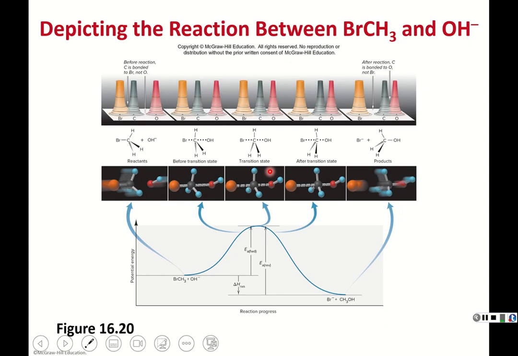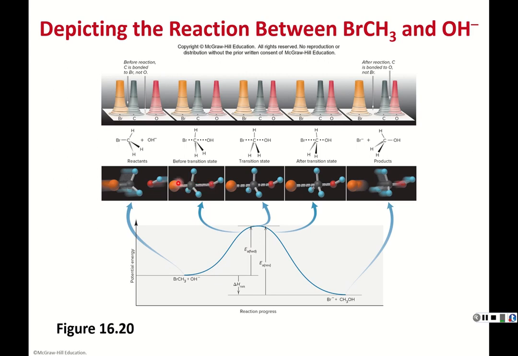Now, if we look at this in moments in time, right, if we have the bromine connected to the methyl group, and it's moving towards that OH minus, at a certain point these partial bonds start forming.